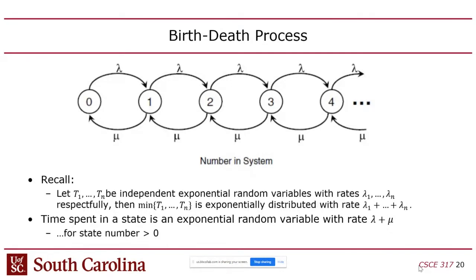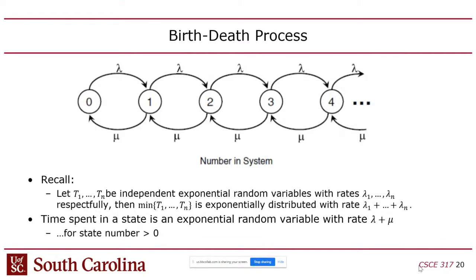So you've got states, and then you have rules as to, if you're in a state, what other states you can transition to. In a birth-death process, it's very restricted because each state only has 2 outgoing transitions, except for state 0.